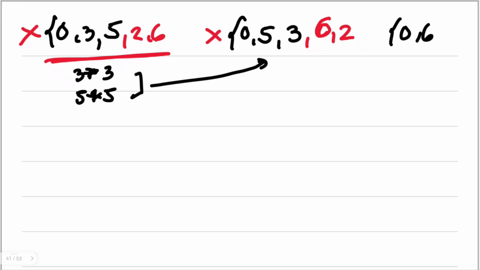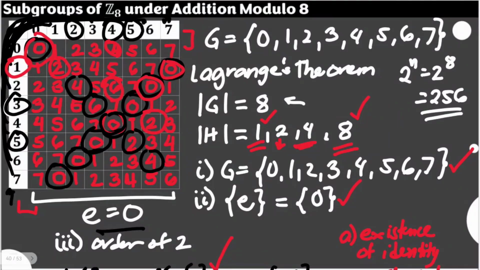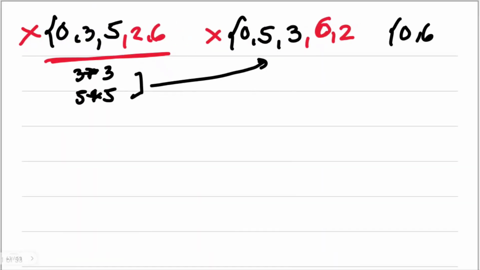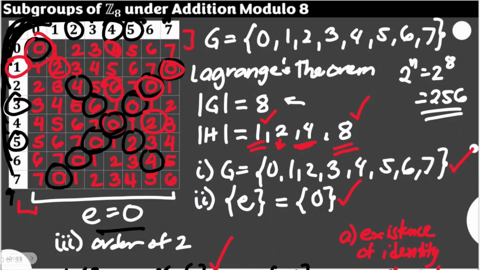The inverse of 6, we know this already. The inverse of 6 is actually 2. So we add here 2. But if we have 6 star 6 and 2 star 2, you will actually get, 6 star 6 in the table is 4. And then 2 star 2 is also 4.